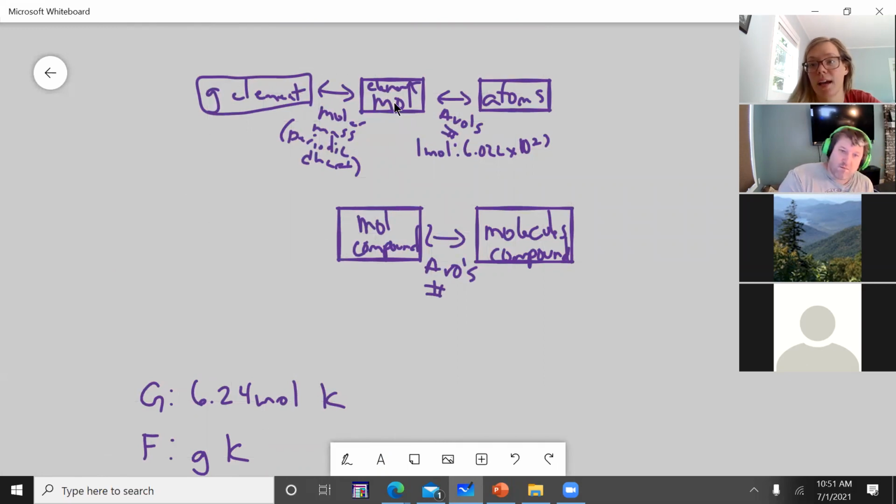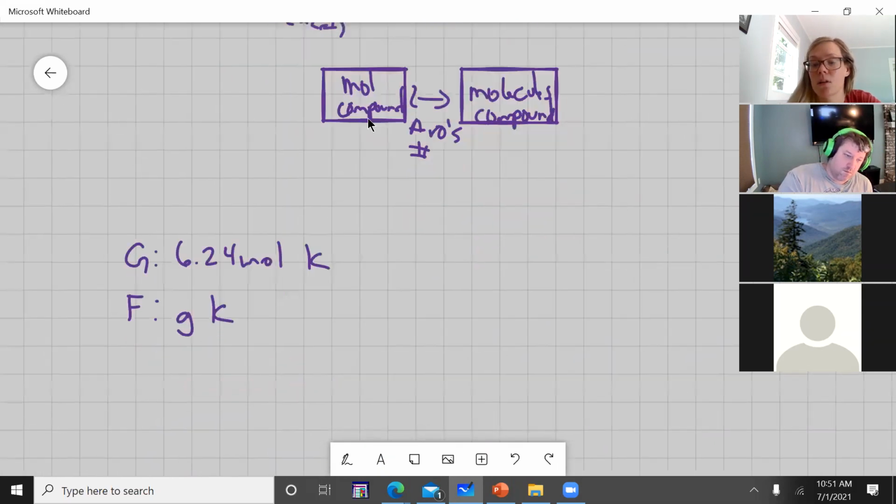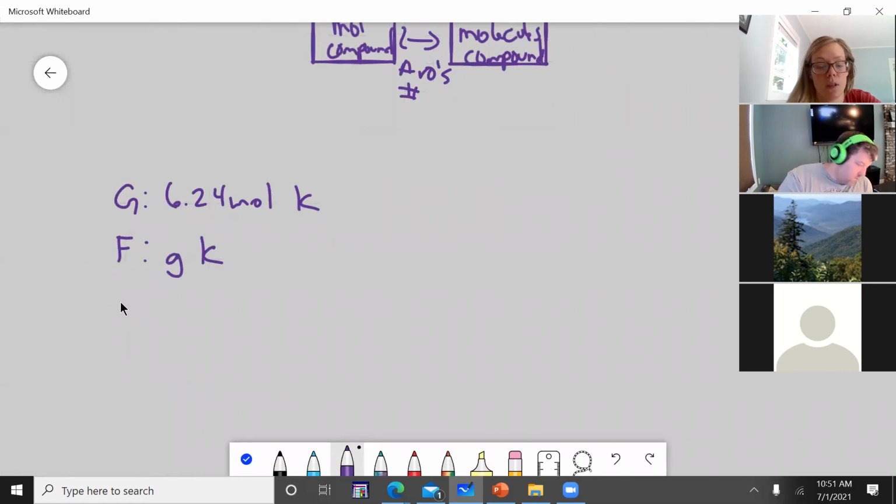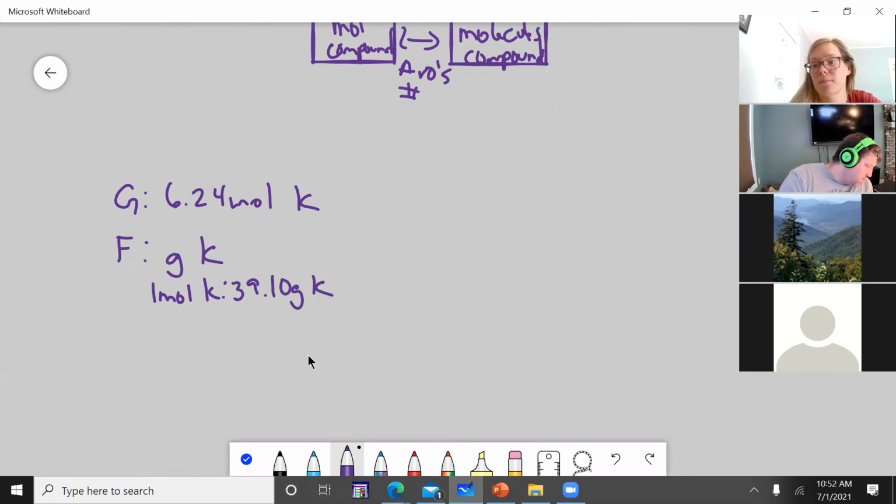So I recommend having this written out because it kind of tells you what to do. So if we're starting at moles and we want to go to grams, we need the molar mass. So let's write the molar mass of potassium. We have that for every 1 mole of potassium, we get 39.10 grams of potassium. You guys see where that number comes from off the periodic chart?